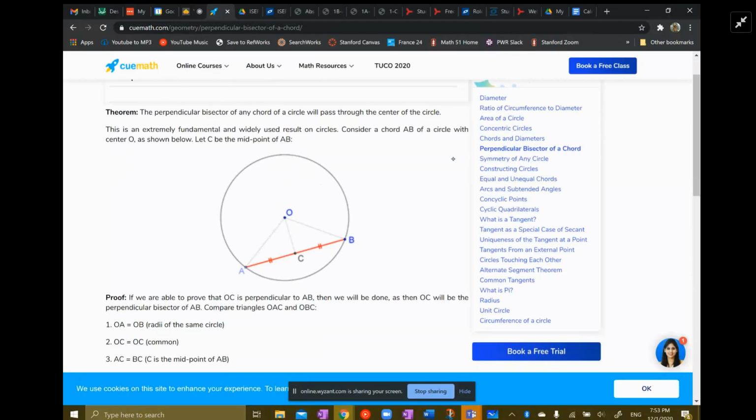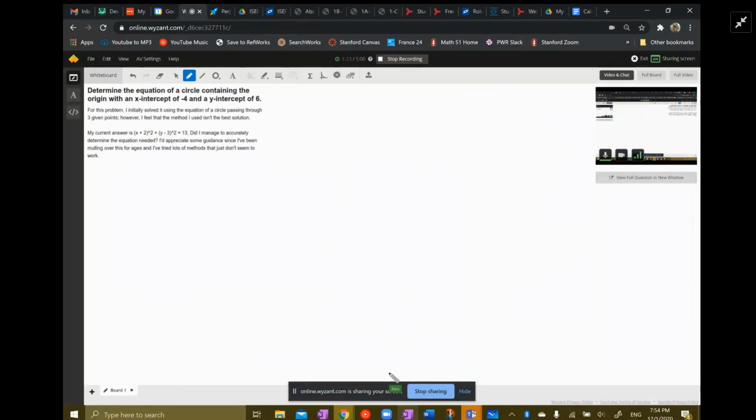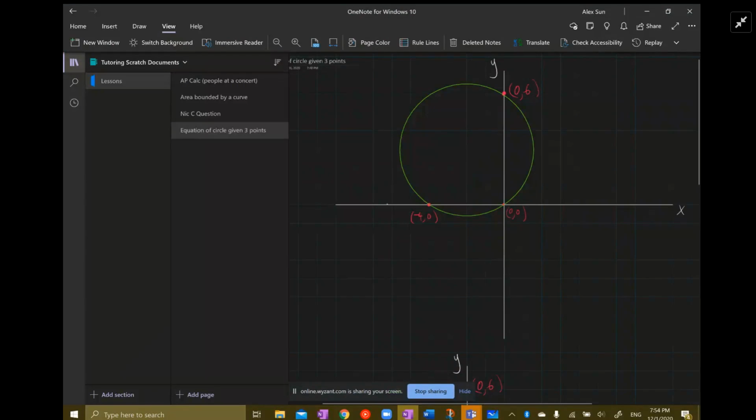So if you have 3 points, then what you can basically do is draw the perpendicular bisector for one, and then draw another one, and you can use that to find the center. That's a summary of what I'm going to try and show with this.